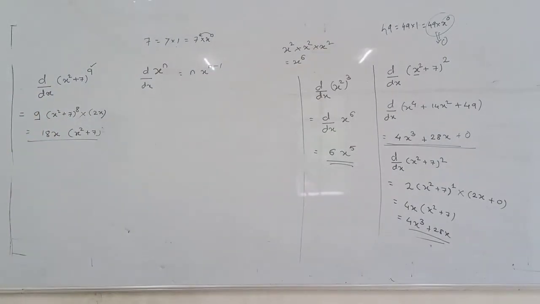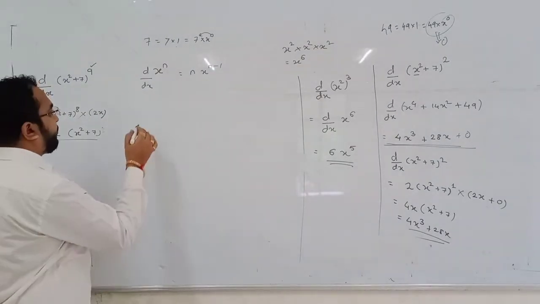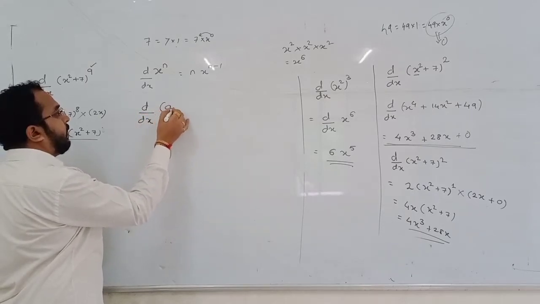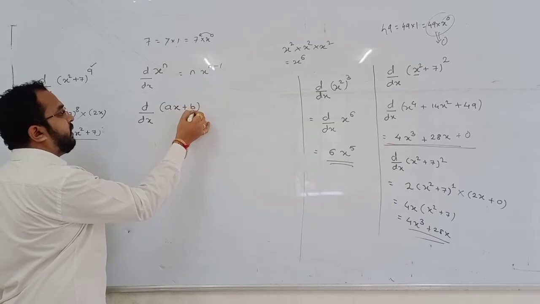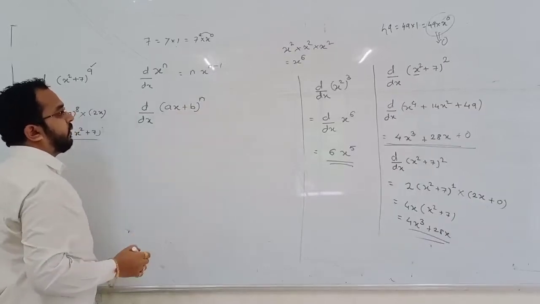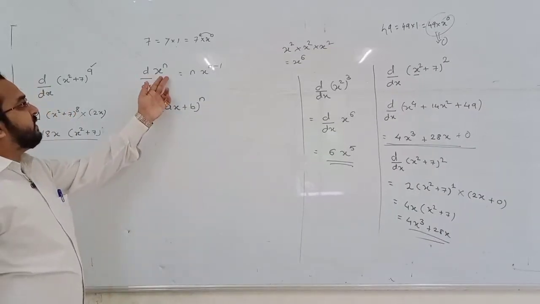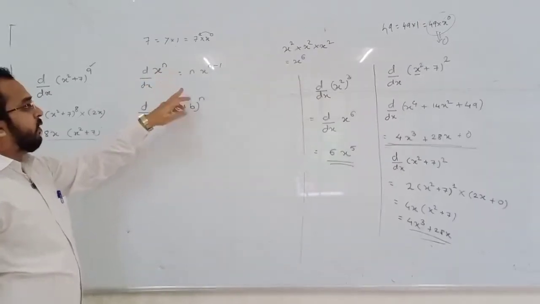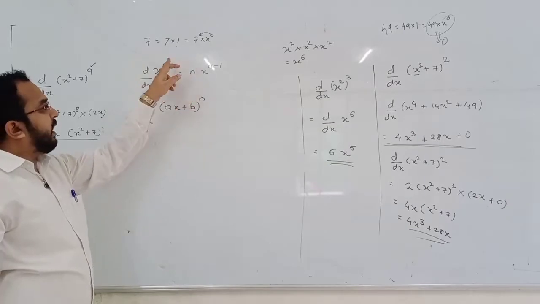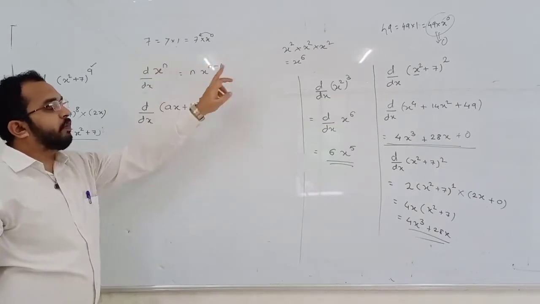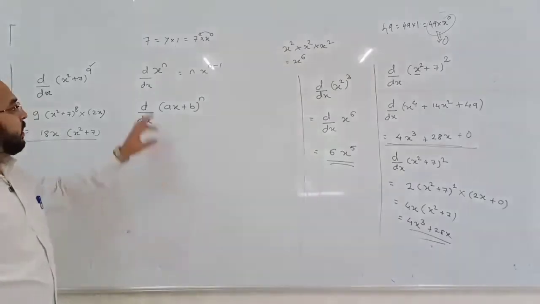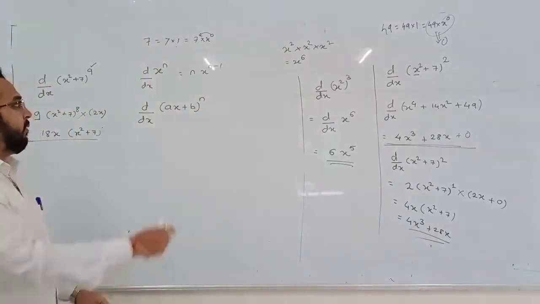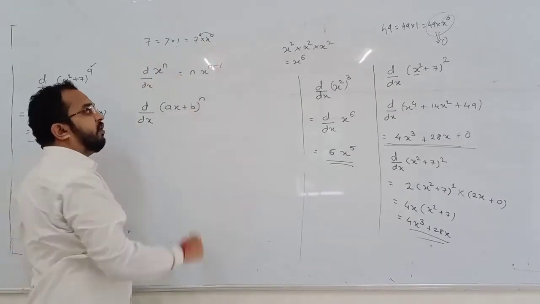See here, the differentiation of (ax plus b) to the power n. If only x is there, x to the power n, then we can write n: take the power in the numerator and reduce the power by 1. The power, take it here in the numerator and reduce the power here.